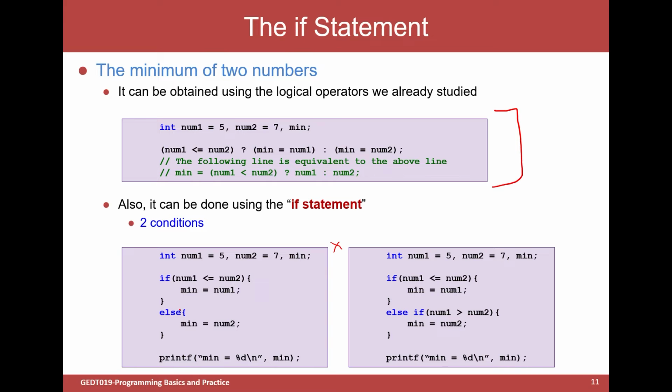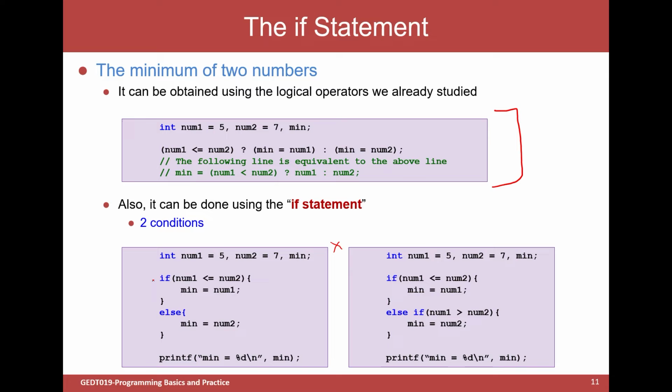Else, in the other situation, if num1 is not smaller than num2, we will assume num2 is the minimum. That means the minimum number is num2.